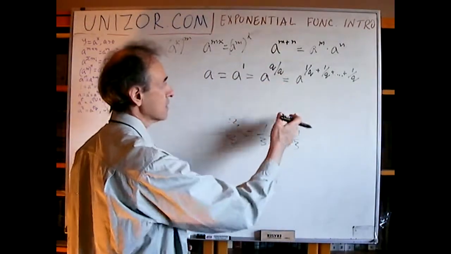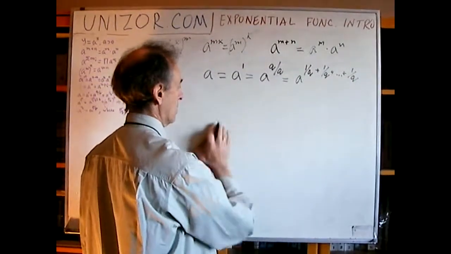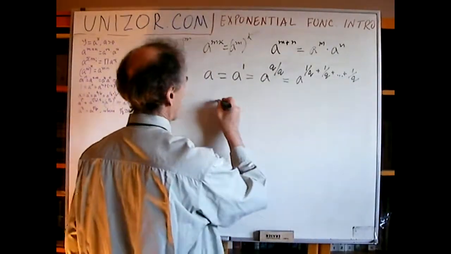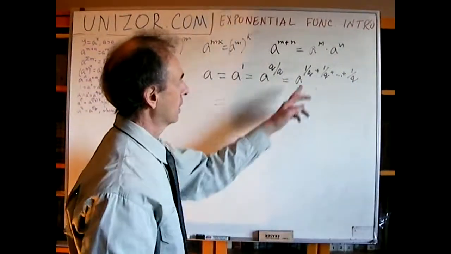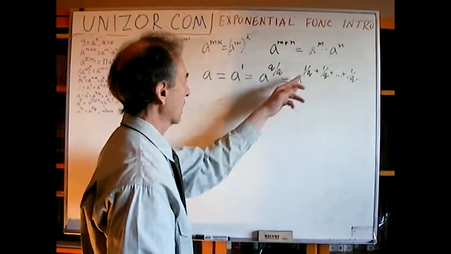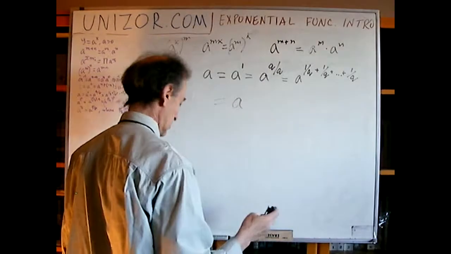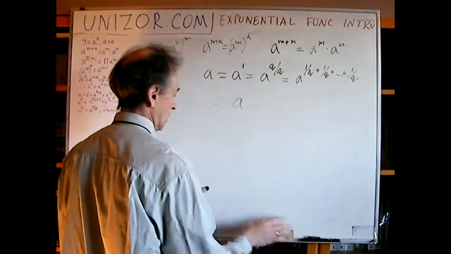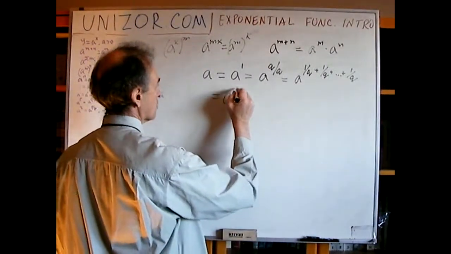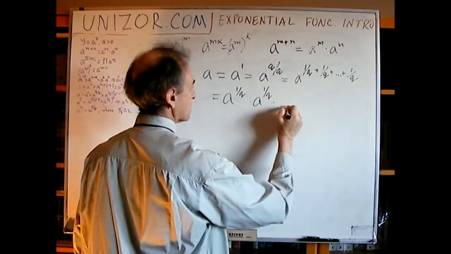Now, I will use the property that adding exponents results in the product of exponential functions. So it's a to the power of 1 over q times a to the power of 1 over q times etc.